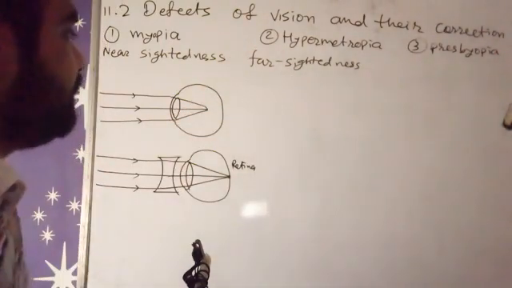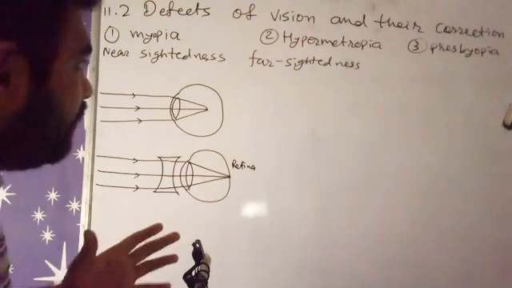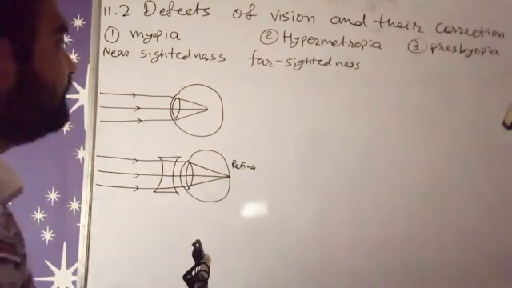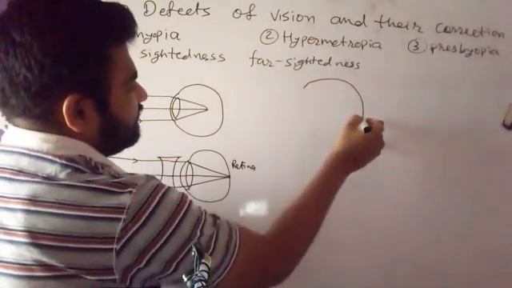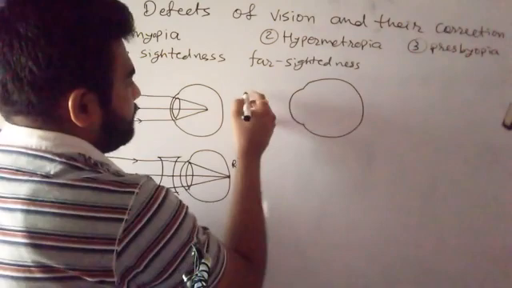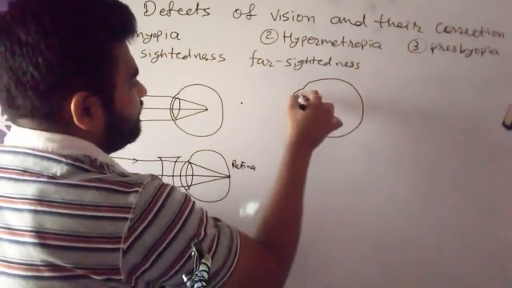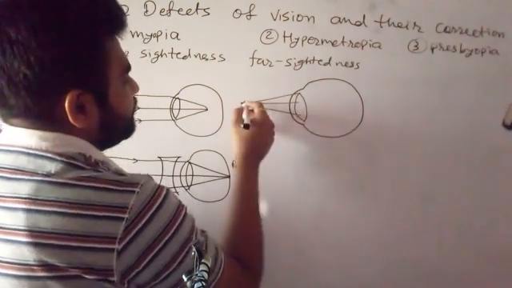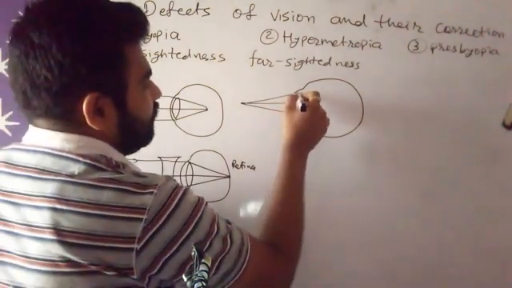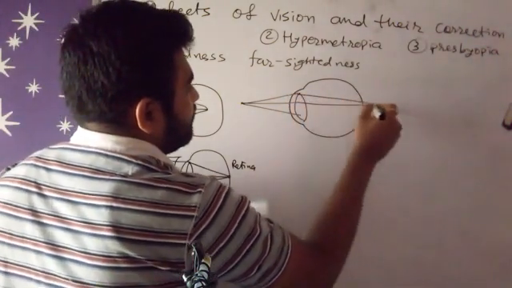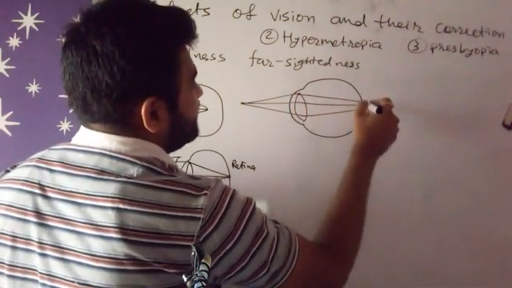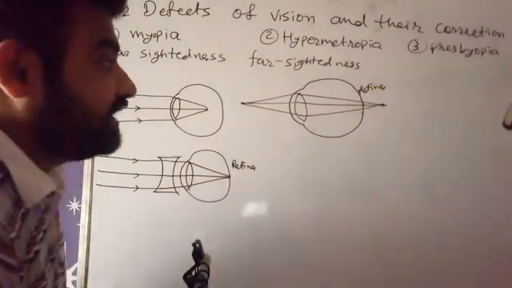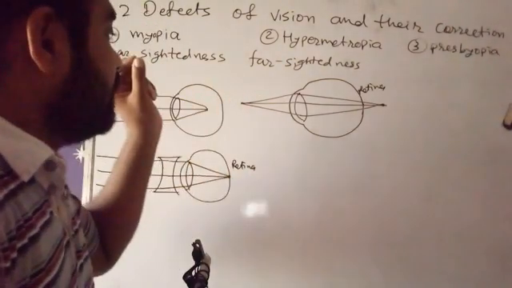Now hypermetropia means farsightedness, which means we can only see far distant objects but can't see near ones. For example, this is our lens, and from near we have this particular object. That object gives an image behind the retina, so we can't see that object clearly.